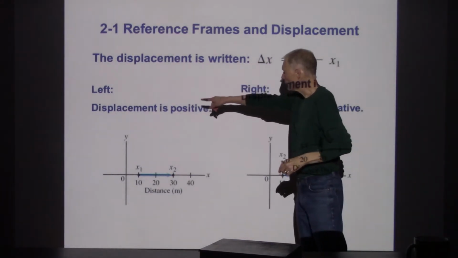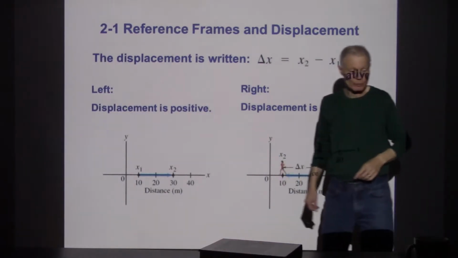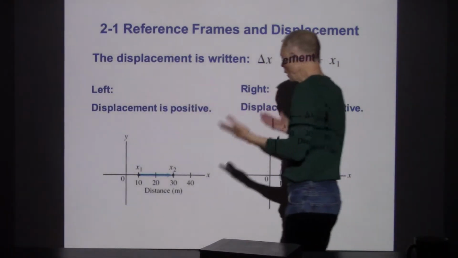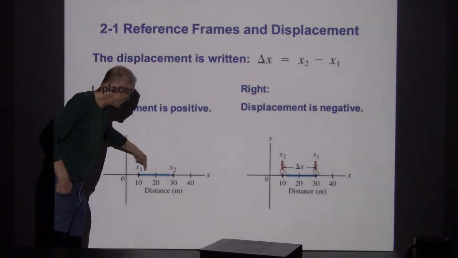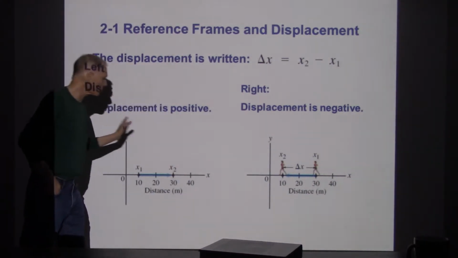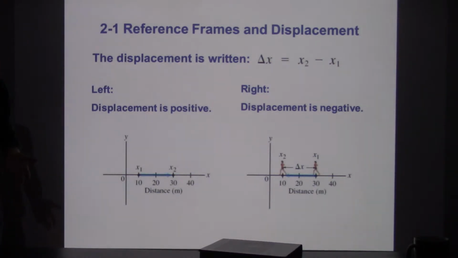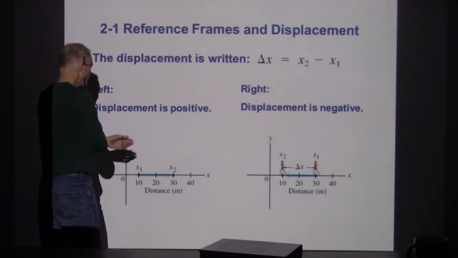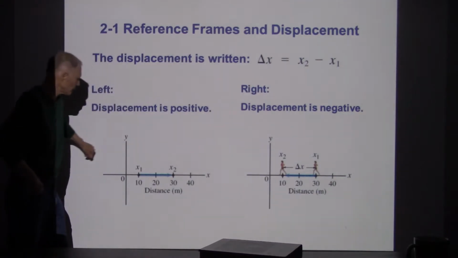Now here, the displacement is positive. The reason the displacement is positive is because that's the way we set up our coordinate system. Now, typically, almost always, we set up coordinate systems in a way where the value of x is increasing when we go from left to right. But we wouldn't have to do that. Okay, so we could have used a reversed coordinate system here. It happens that we're calling this the positive direction and this the negative direction.